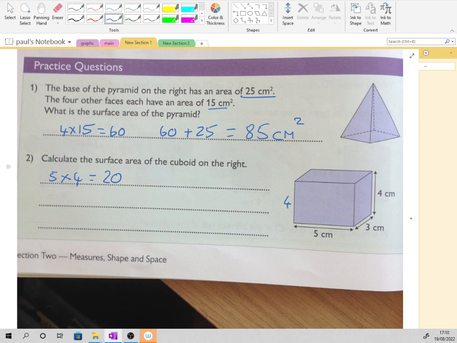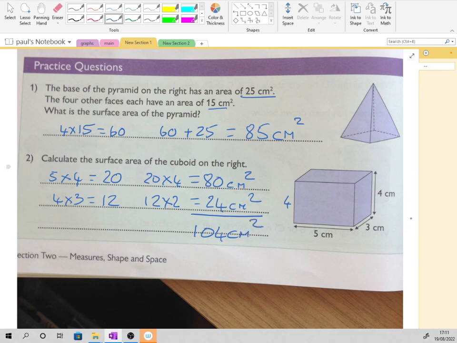I've got 4 of them. So 20 times 4, which equals 80 centimeters squared. Now I've got the 2 ends, which are 4 by 3. So 4 times 3 equals 12. 12 times 2, left and right, is 24 centimeters squared. Add those two together, 104 centimeters squared.